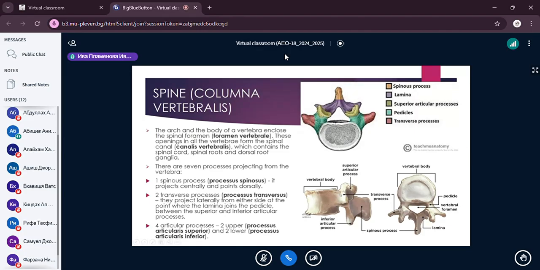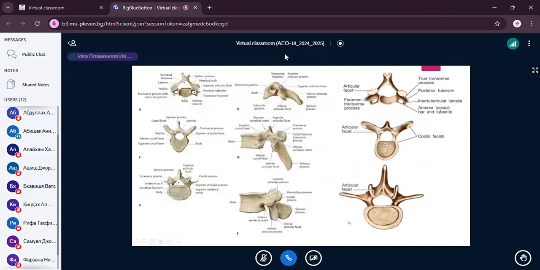Here is the superior articular process, here is the inferior. You can see here, for example, this is a cervical vertebra, this is the thoracic, and this is the lumbar. Here is the spinous process, the vertebral arch, and the body.